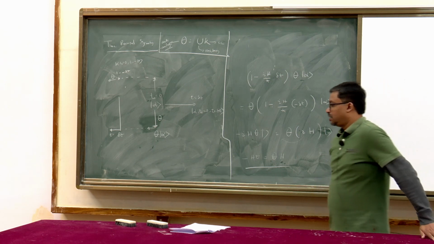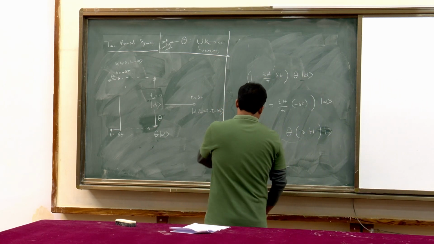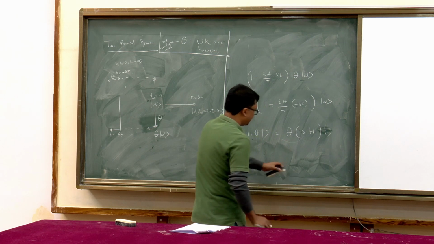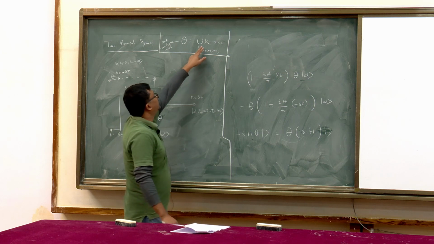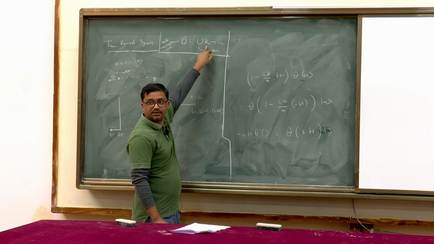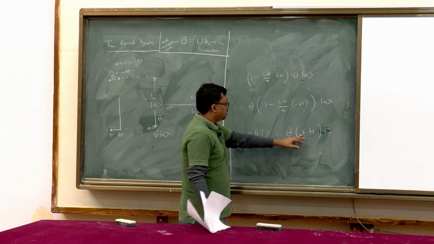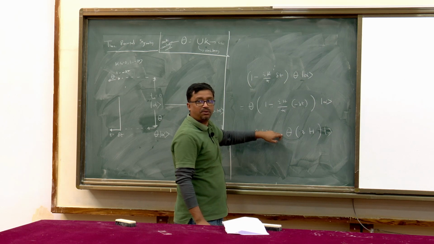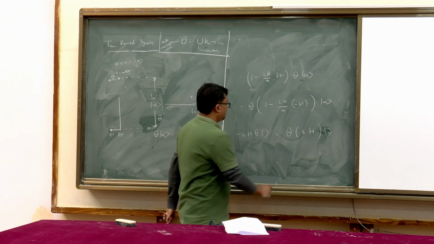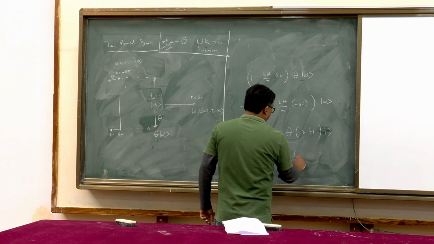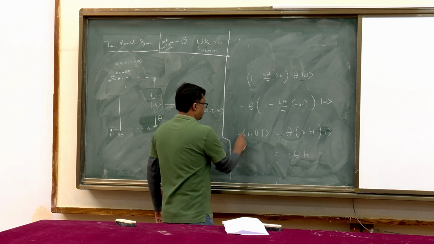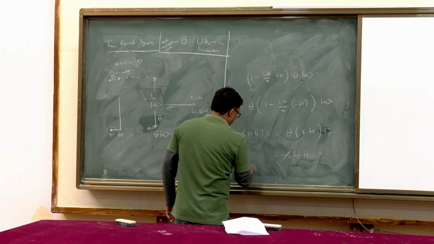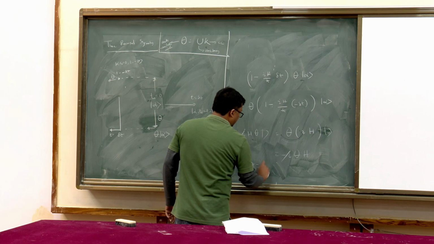But we have something to save us here. We have defined the time reversal operator with something called conjugation. So, if I take this out, that will be minus i. So, this is equal to minus i theta H. Now, we are good, it cancels out, H theta equals theta H.